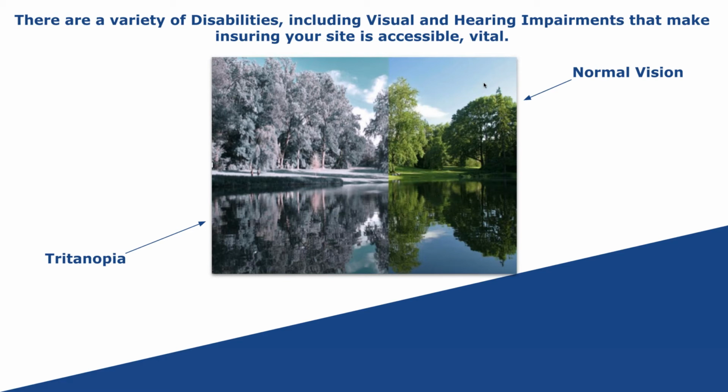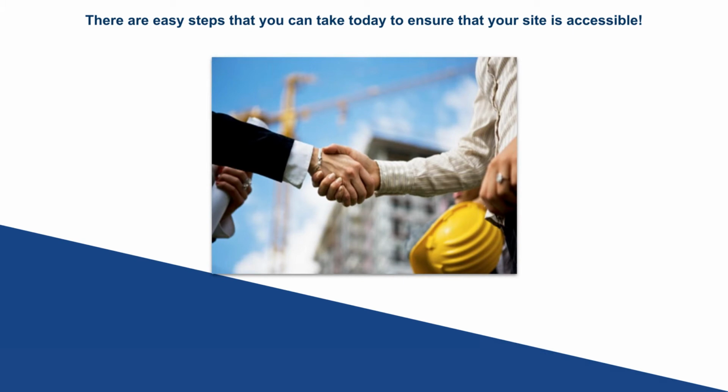That's one reason it's important to make sure that everything that you add to the site is all accessible. Now, it's important to note that there are easy steps you can take today to ensure this, and that's exactly what we're going to take a look at next.